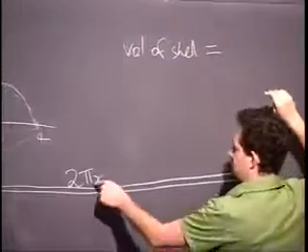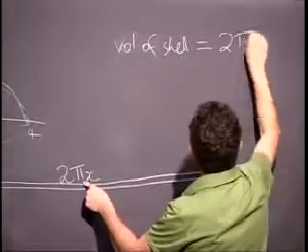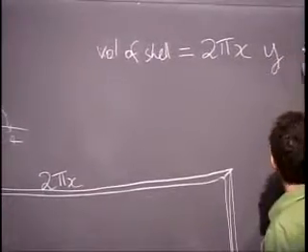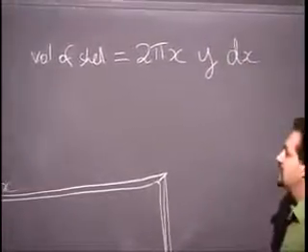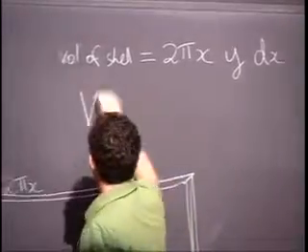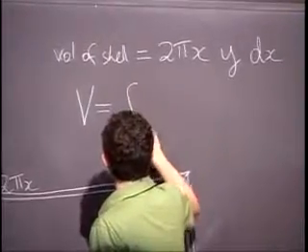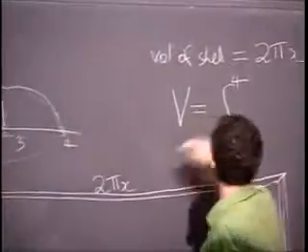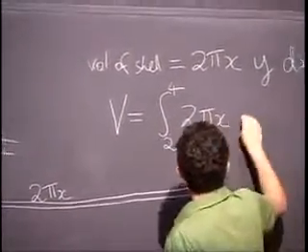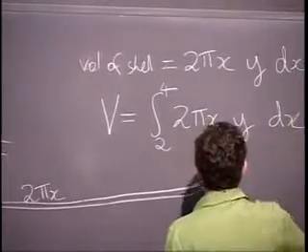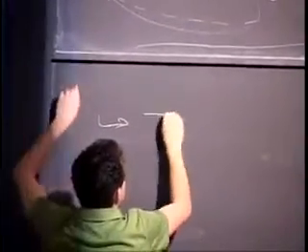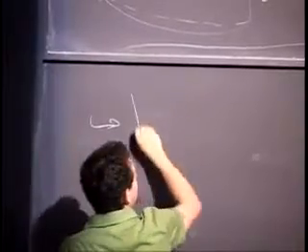is equal to 2 pi x, that's one dimension, width times the height y, times the thickness dx. And so the volume of the whole thing is equal to the integral from 2 to 4 in our case, because that's where x is ranging over, of 2 pi x y dx.